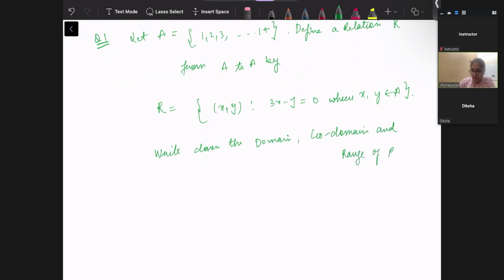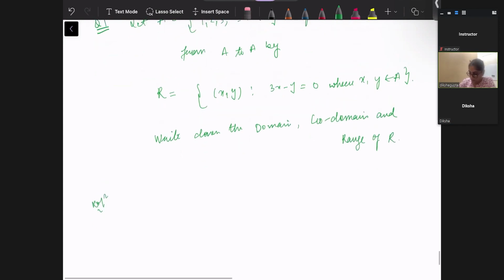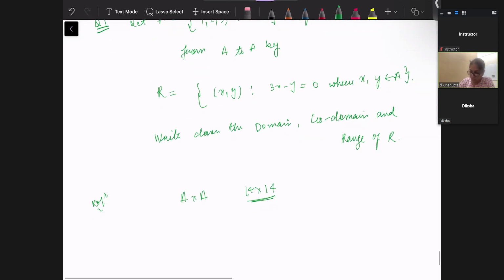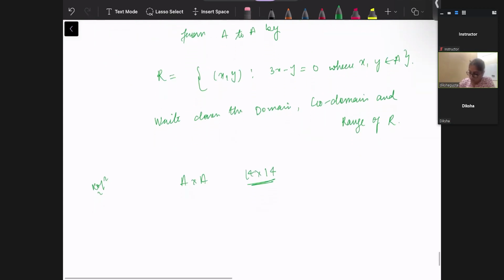So you see, don't try to write what A cross A is. A cross A will have 14 cross 14 elements. It's just not feasible. Okay, so you see, R में कैसे elements हैं, so that x y कैसे related हैं, 3x minus y equals 0. That is y equals 3x. मतलब second element is 3 times the first.